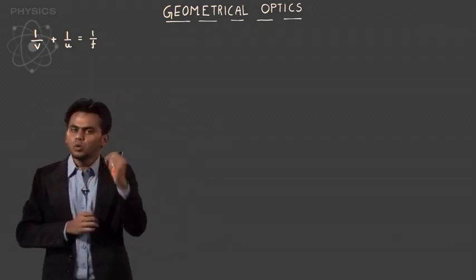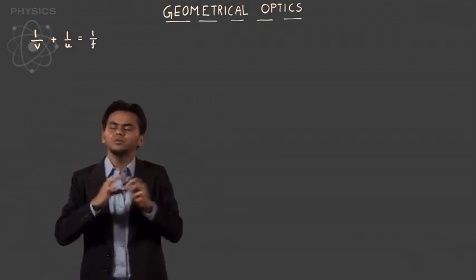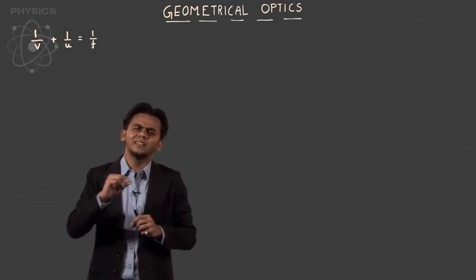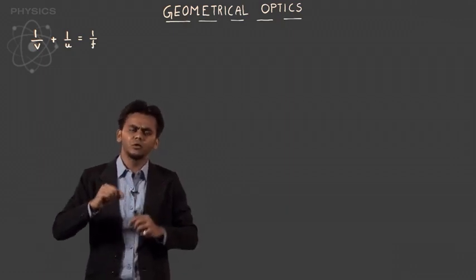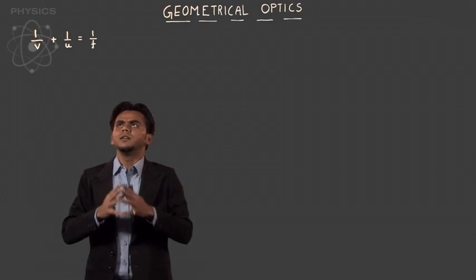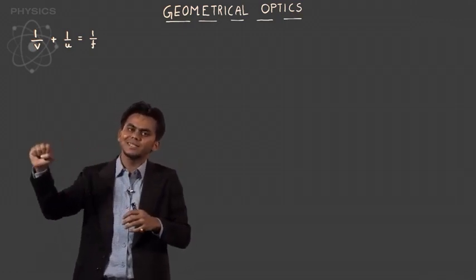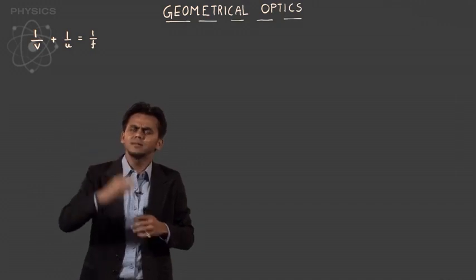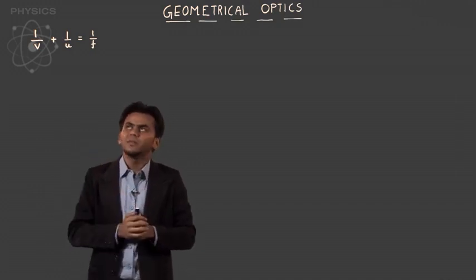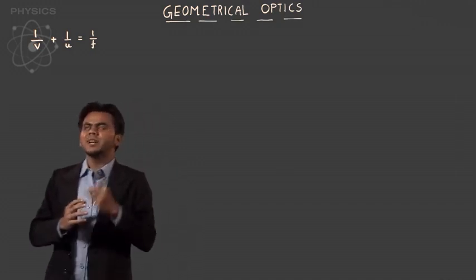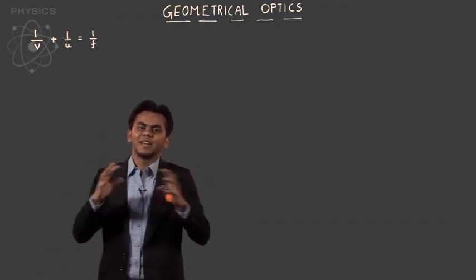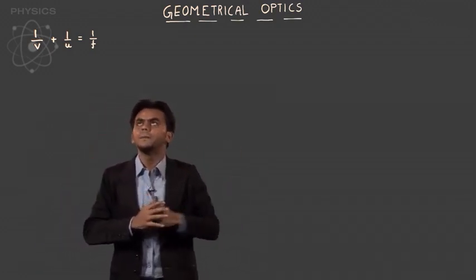So U necessarily has to be negative in 99.9% of cases. There would be weird cases in which you could get U positive, when you get some kind of weird arrangement of mirrors and lenses. We'll come to that later.